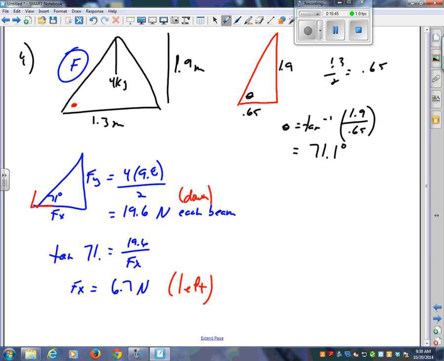So what is it? It's 19.6, 6.7. You've got to solve for the compression force there, that hypotenuse. FC squared equals 6.7 squared plus 19.6 squared.